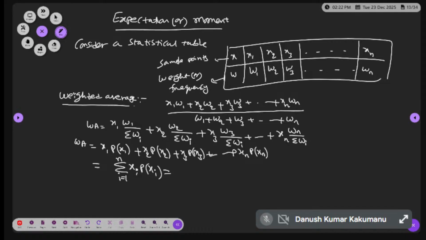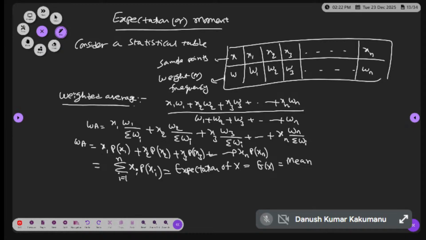You are all understanding? Summation i equals 1 to n, xi into p of xi. This formula is called expectation of x. This formula is the expectation of x, E of x. What have you done? Weighted average we are converting into the probability. Expectation of x is represented as E of x, which is mean.